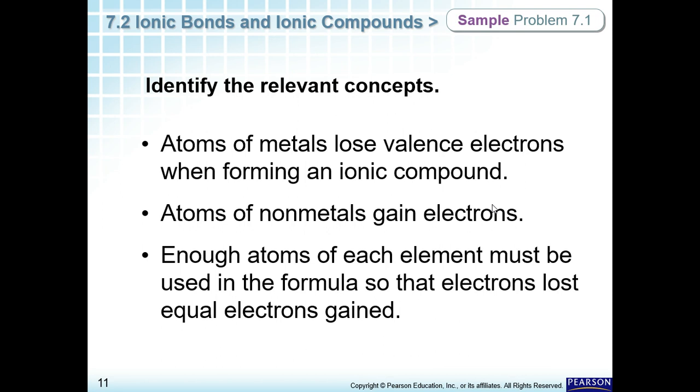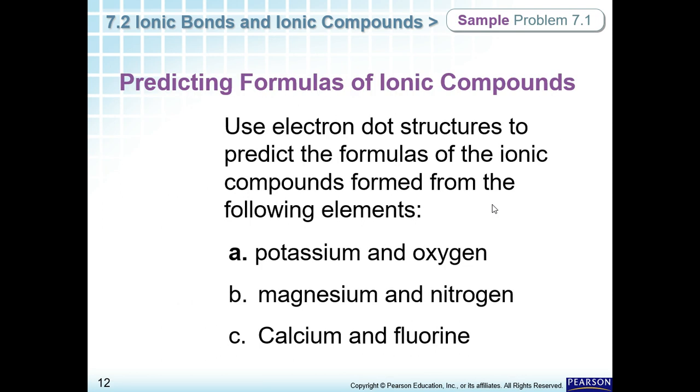That means the amount of electrons lost has to equal the amount of electrons that are gained. So let's go through 3 examples. We're going to use electron dot structures to predict the formulas of the ionic compounds formed for the following elements. We're going to work on potassium and oxygen, magnesium and nitrogen, and calcium and fluorine.